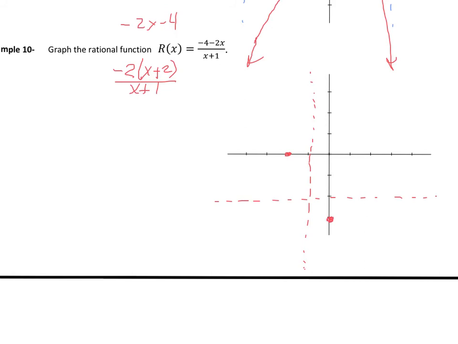Pick a point. Let's say x is 1. In here, 1 plus 2 is 3. 3 times -2 is -6, and then 1 plus 1 is 2, so we get -3. So 1 and -3.